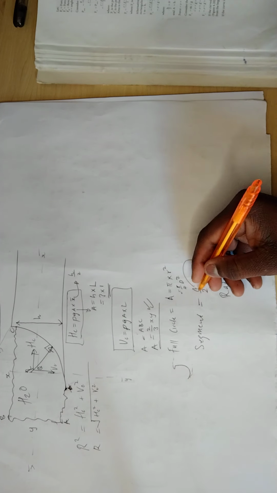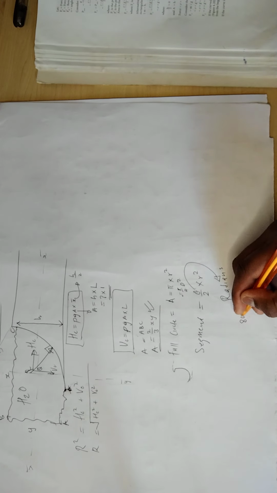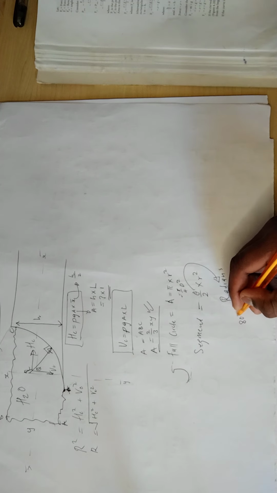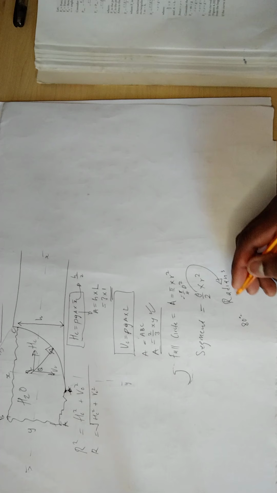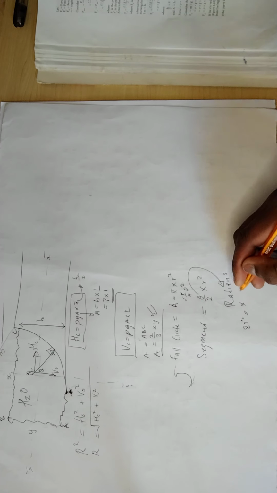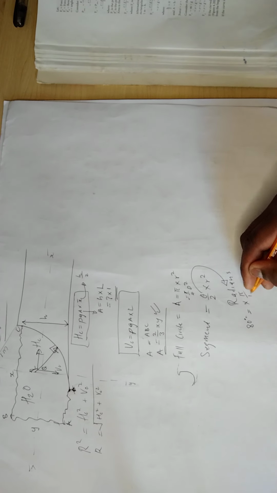Suppose you are given an angle of 80. How do you convert 80 degrees to radians? You have to multiply it with pi over 180.